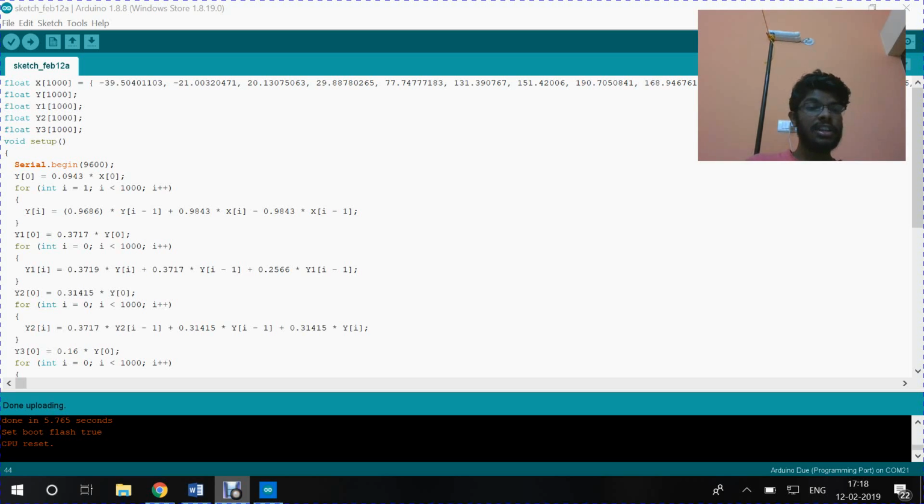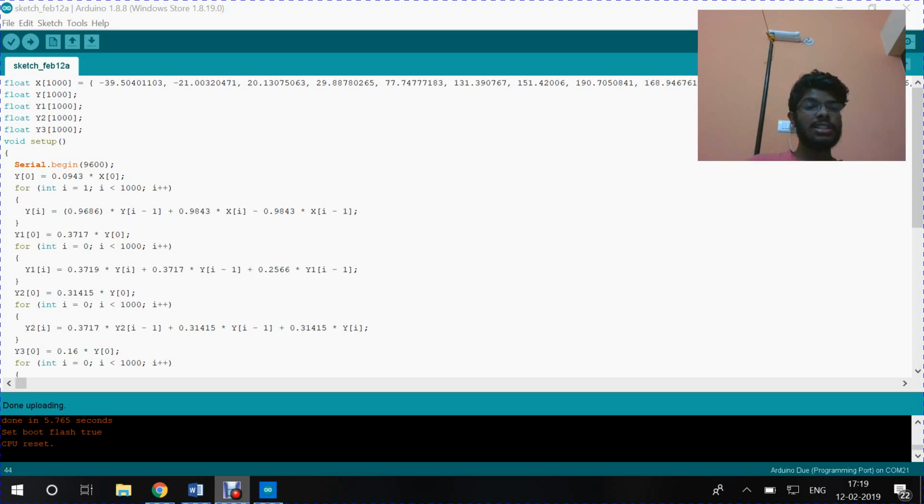For these two cases also, as the loop starts from 1, the index with minus 1 will already be 0, so neglecting that, we take the initial value y2 of 0 as 0.31415 into y of 0.